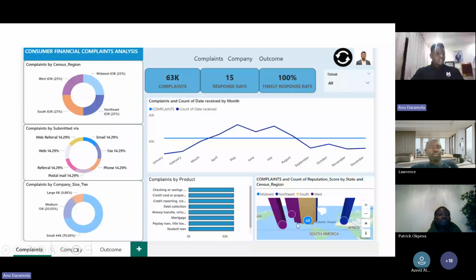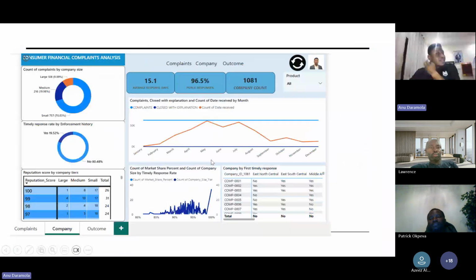Okay, so I'll go to the next screenshot, and from the next screenshot, what we have is the count of complaints by complaint size. When we look at the complaint size, we see that most of the complaints were tied to the smaller firm, right?